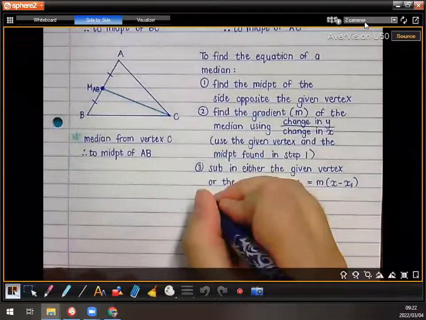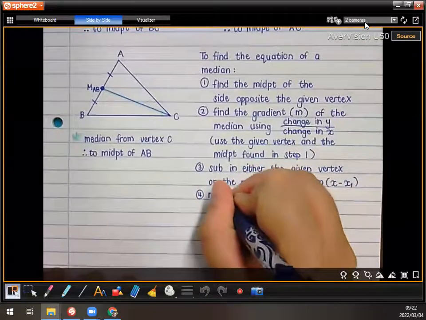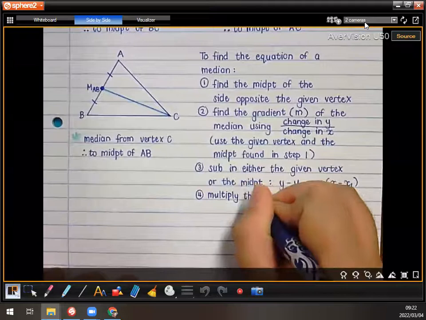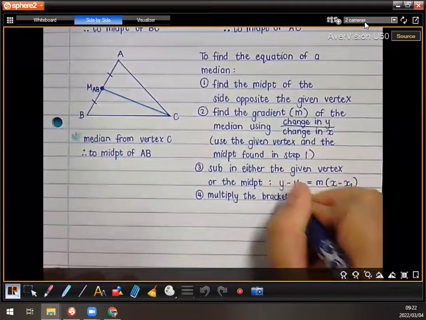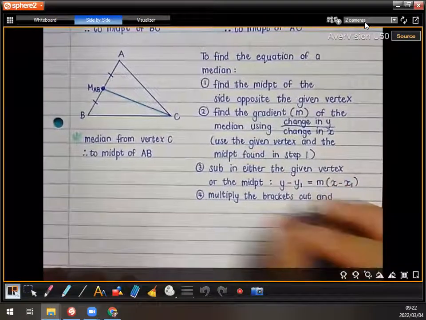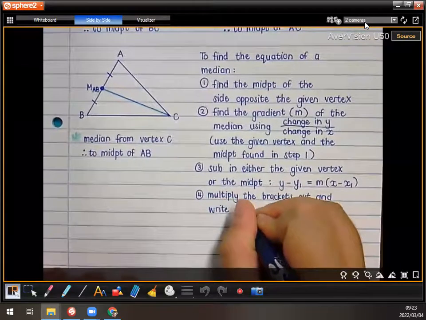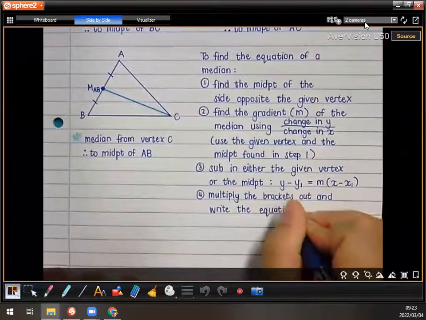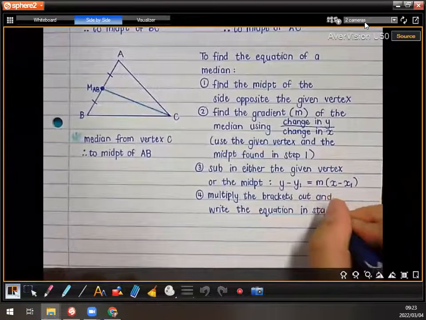So that is step 3. And then step 4 is going to be to multiply the brackets out and write the equation in standard form.